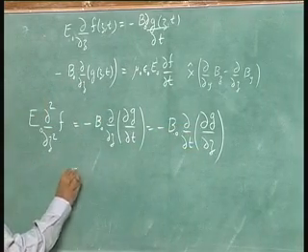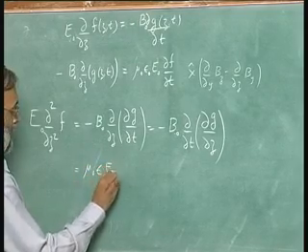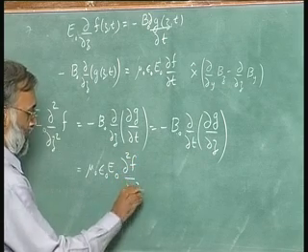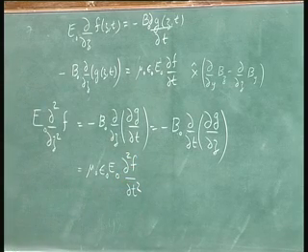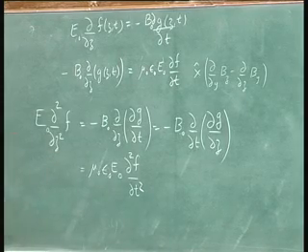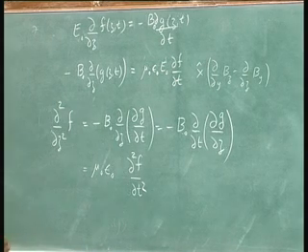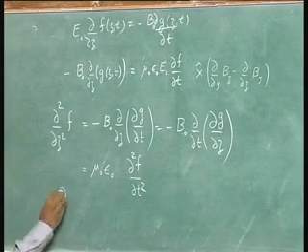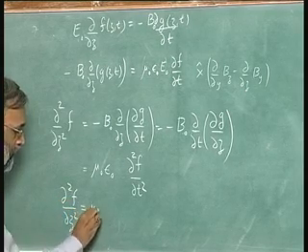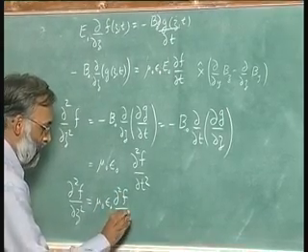So, it becomes mu naught epsilon naught E naught del squared f/del t squared. This E naught is common, so I can remove it from the equation, and I get the final equation, which is del squared f/del z squared is equal to mu naught epsilon naught del squared f/del t squared.